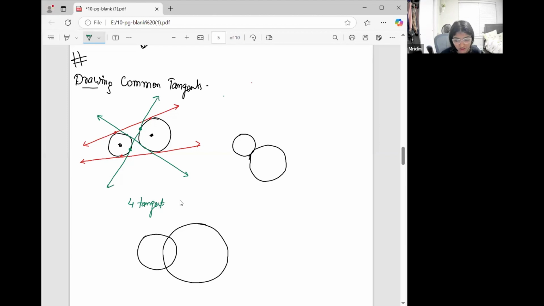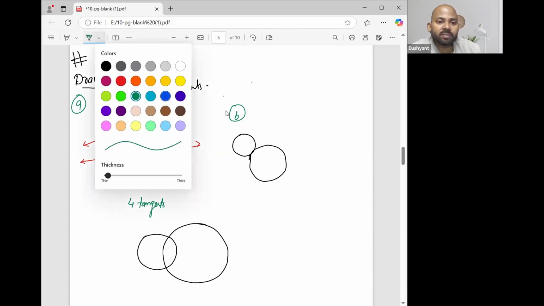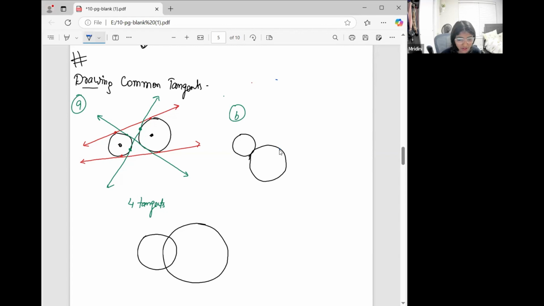Can we have more options? Of course, I don't think so. And now for the second part. This is my A, let's suppose this is B. For the B one, I can have a tangent. How many tangents will be there? Two I can see clearly. The third one can be coming right between them.